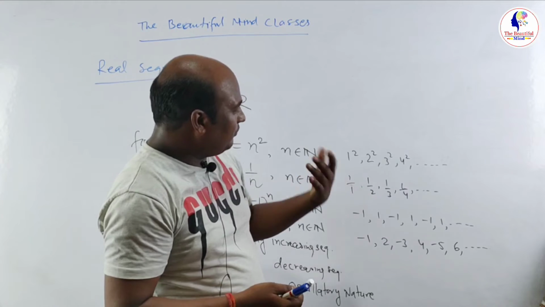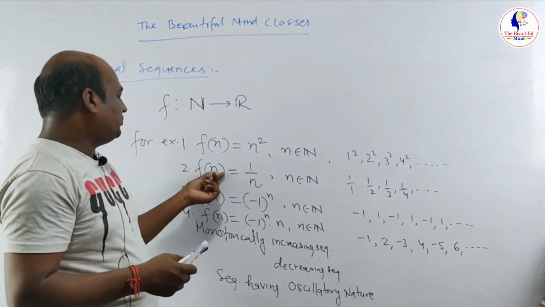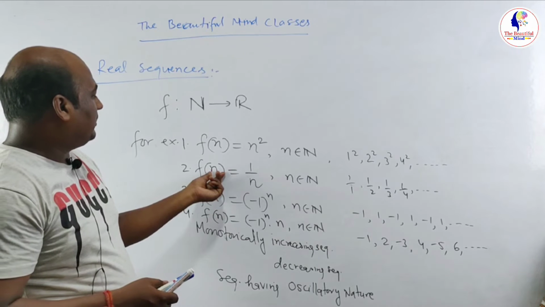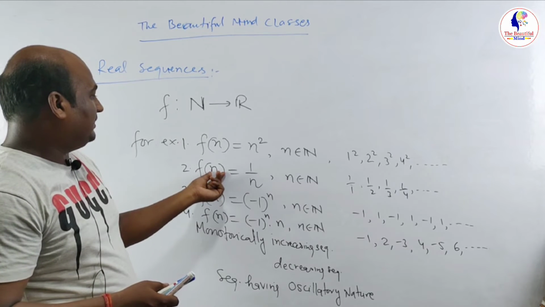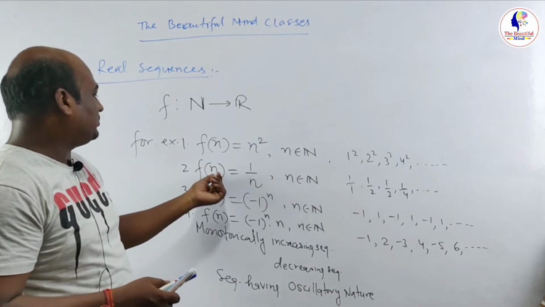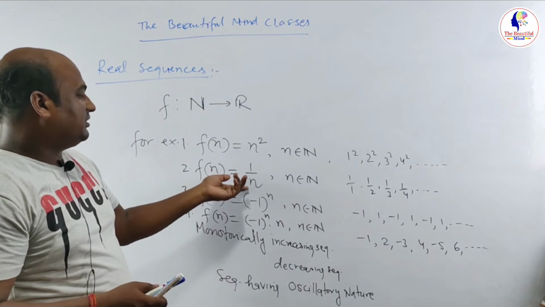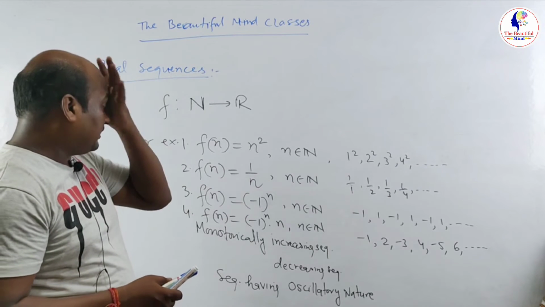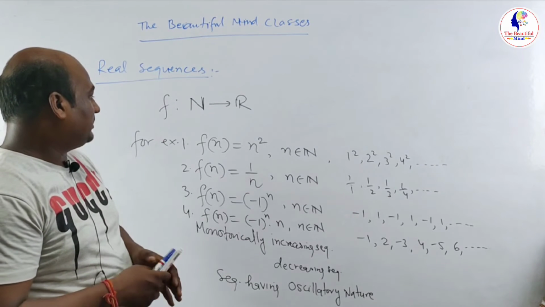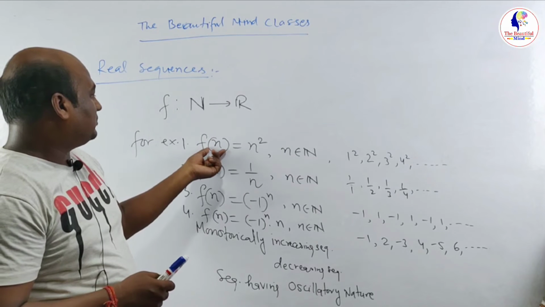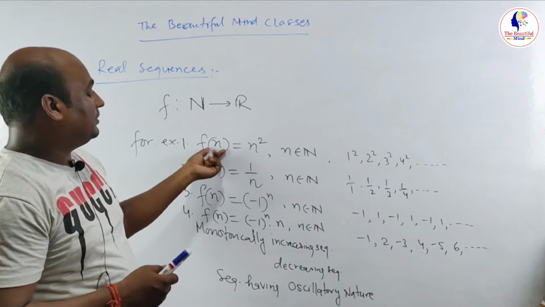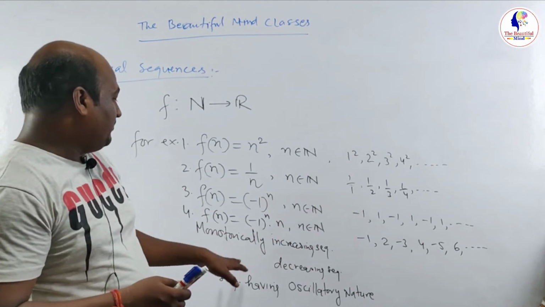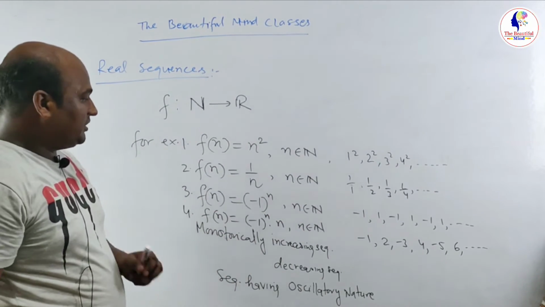When the input value is very large, the output, that is the value of the term, will be near to 0, and as n approaches infinity, the value of the term is near to 0 as well. In the first sequence, as n tends to infinity, the value of the term will also tend to infinity. Okay, so these are the types of sequences basically.